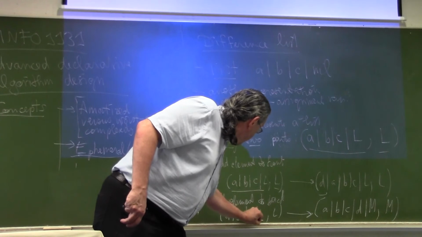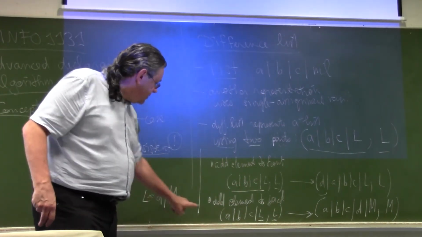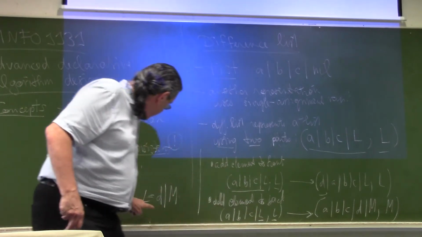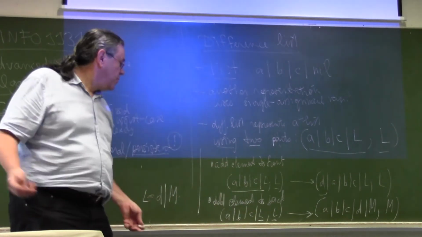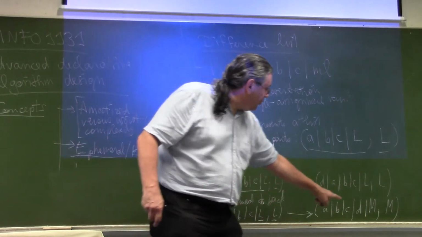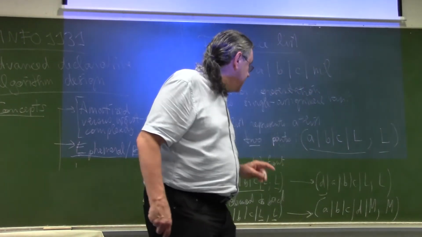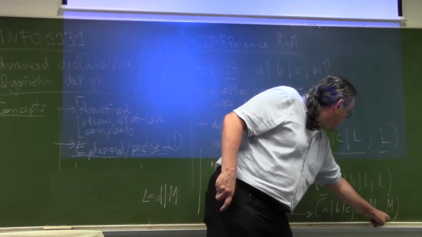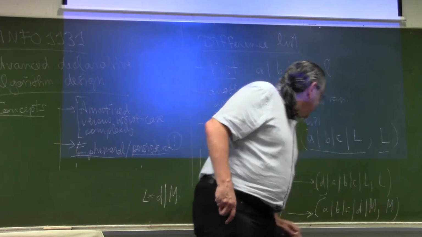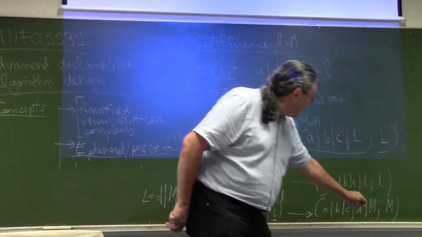So I'm going to bind L, and since L is at the end, the element D comes at the end. But then the trick is we have a new unbound variable, which points to the new end of the list. You see, the new end here is M. So we change the second part of our representation.